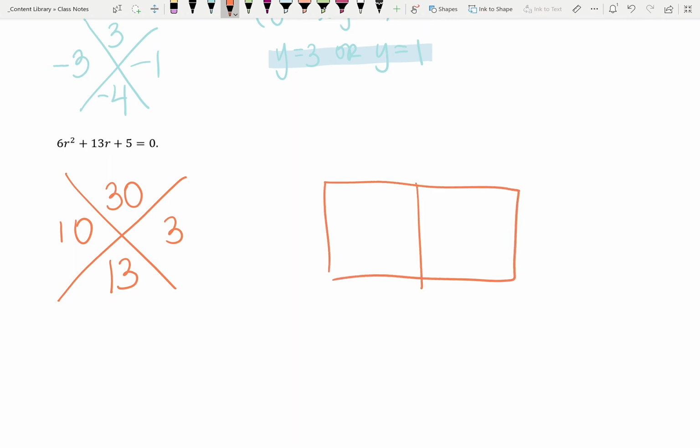And then in my box we would have 6r squared in the top left, 5 in the bottom right, and then we would split the 10r and the 3r. And then in the top we'll bring out a GCF, so we have 3r on the outside in the top row, a 2r in the first column, a 5 for the bottom row, and a 1 for the rightmost column.